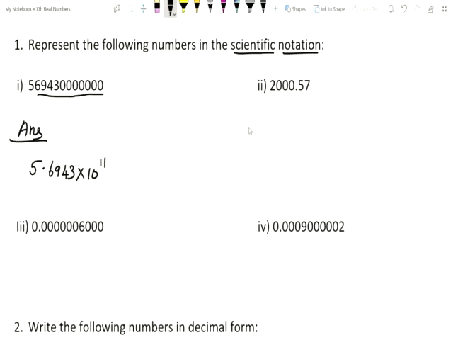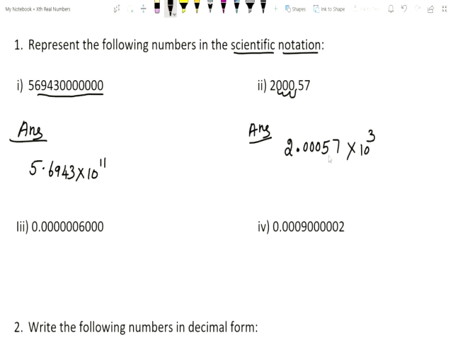Okay, children. See here, 2000.57. First you write the number 2.00057 into 10 power 3, because it moves 3 places.